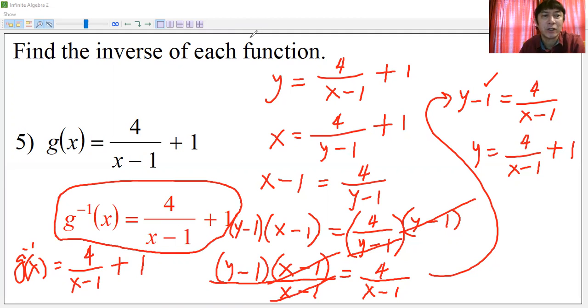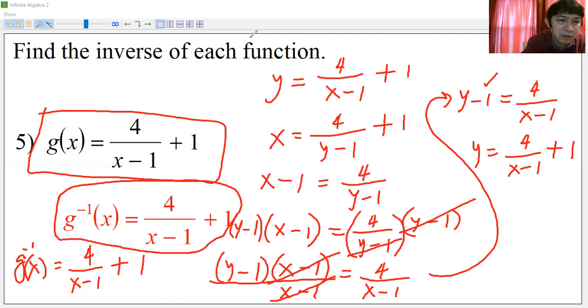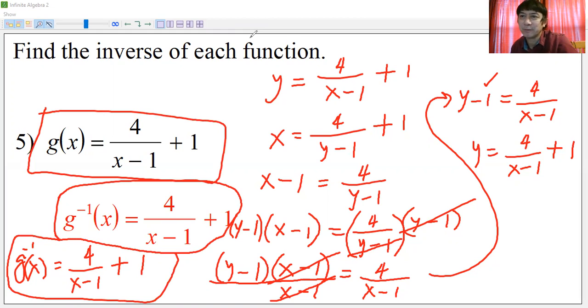And it looks like the given, and it matches our answer. That means the answer in the given is actually the same. The function itself and the inverse are equivalent. You can see the example for this number 5. All right, let's go to number 6.